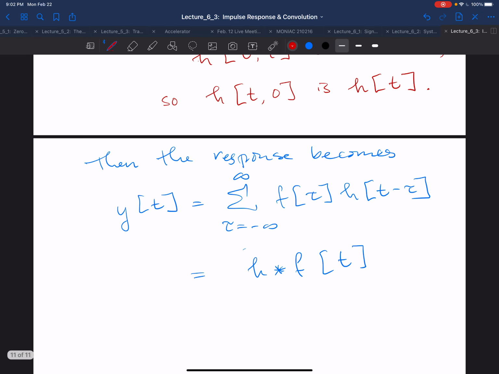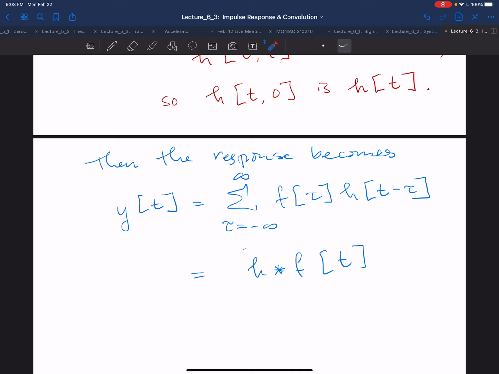So this h that appears in the convolution is simply the response of the system, a zero-state response if you like, to an impulse that arrives at t equals 0.